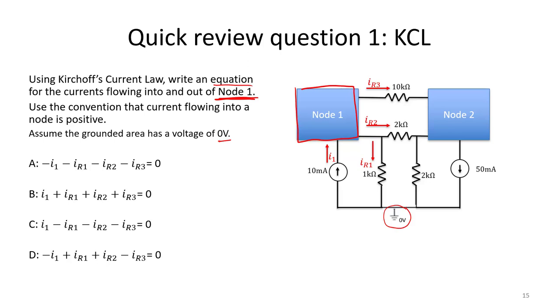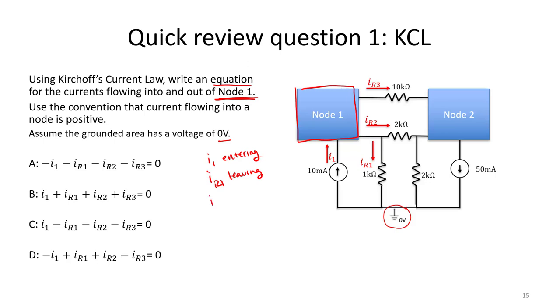So let's just go ahead and take a look at node 1. We have 4 currents entering or leaving node 1. We have I1 entering. We have IR1 leaving.